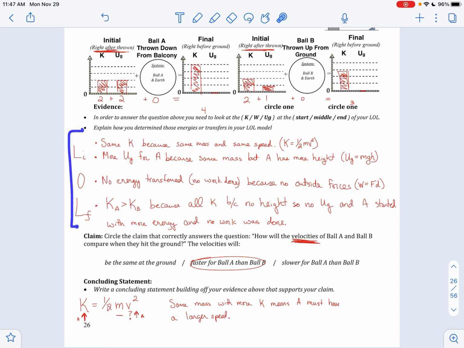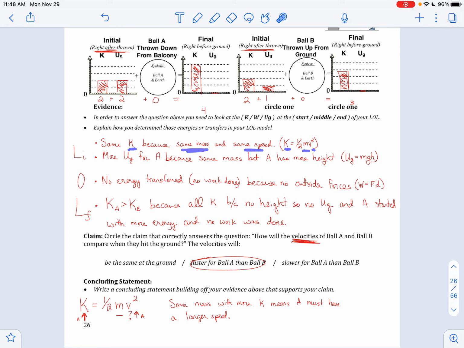The explanations here are explaining your LOL. So if you're not sure about the LOL, start working through the explanations. The equations support the LOL. So if you're not sure if you said enough things, look at the equation, and you have to address all the variables that might change. So K, same K, because same mass, same speed.